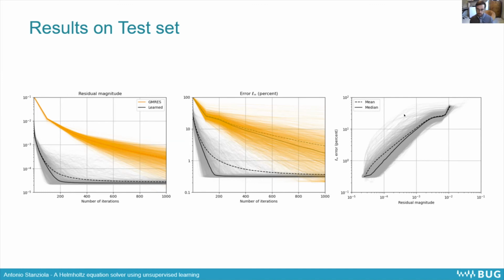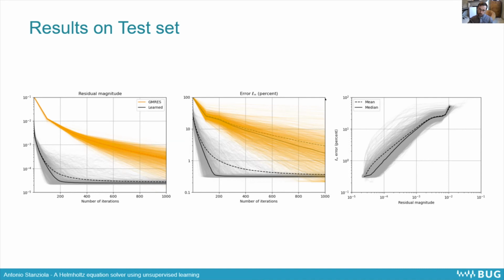So this means that when we're applying this method we can use the residual magnitude as a proxy to know how close we are to the true solution, more or less, in the sense that if we go below roughly 5 times 10 to the minus 5 in terms of residual magnitude, we are pretty sure that the L infinity error is below 1%. In between, there is actually quite a large spread, but at least we have more or less a threshold.